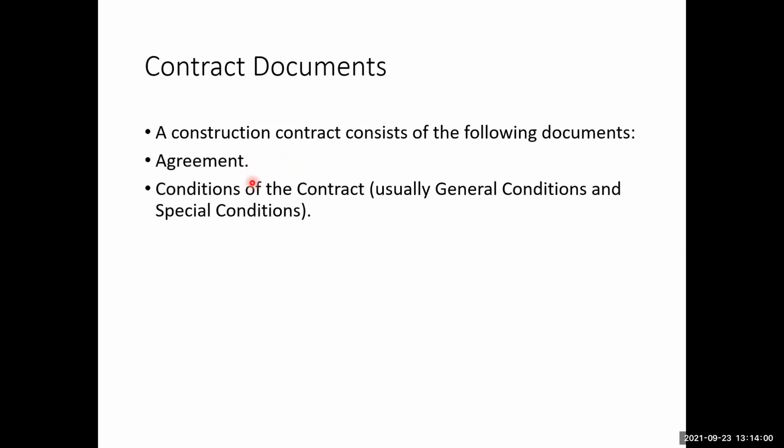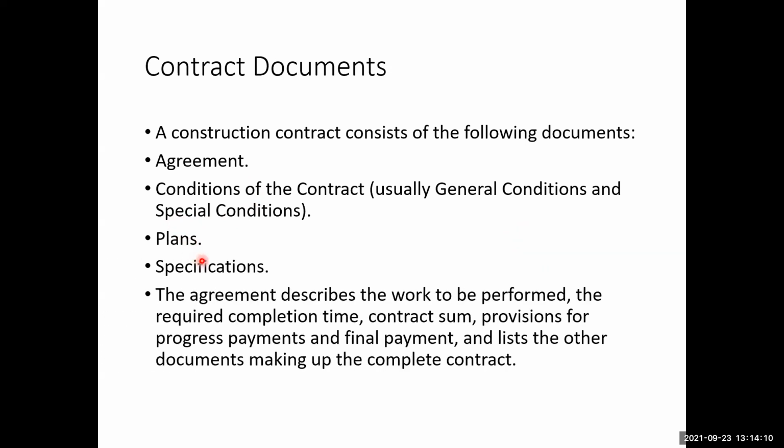Okay, so this was about the types of the contracts. Now let's talk about the contract documents. So a construction contract consists of the following documents: an agreement, conditions of the contract, usually the general conditions and the special conditions, plans, specifications.